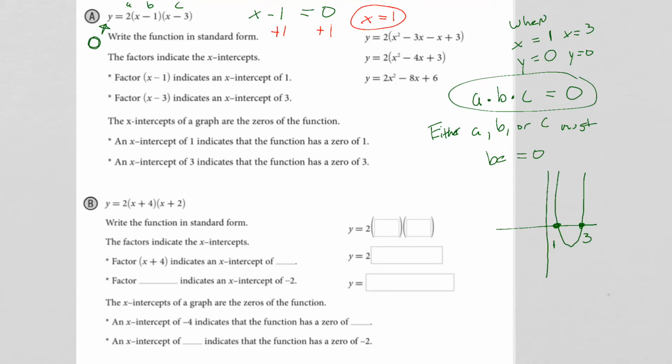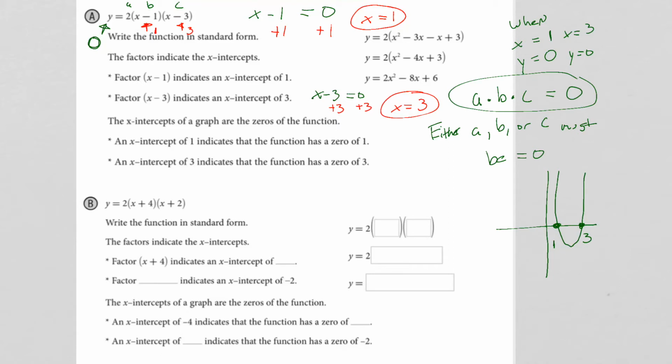And conversely, or in addition, right? What's going to make x minus 3 equal to 0? Well, if you do the inverse operations, right? When x is equal to 3, then of course you would get 0. So in factored form, right? We can tell by looking at this thing that the y-intercepts, or not the y-intercepts, the x-intercepts are going to occur when x is 1 and when x is 3.